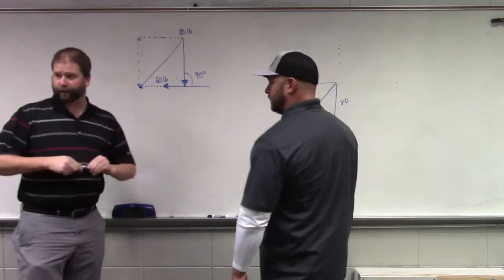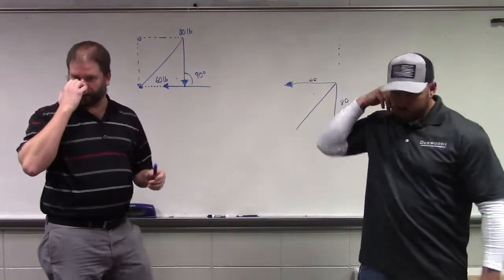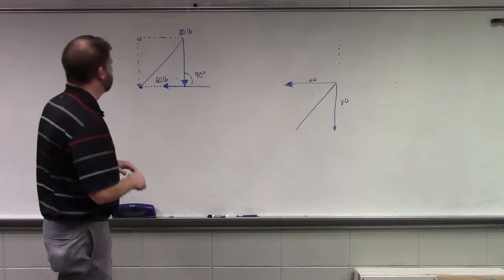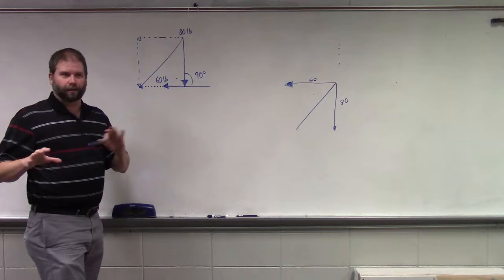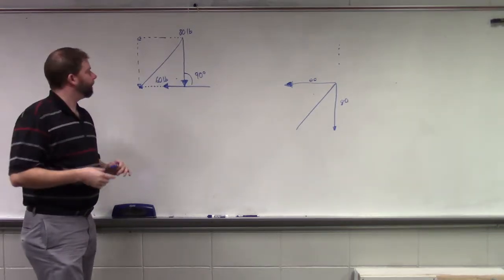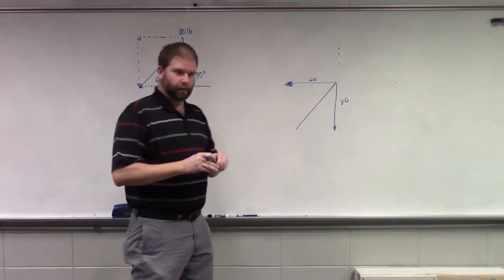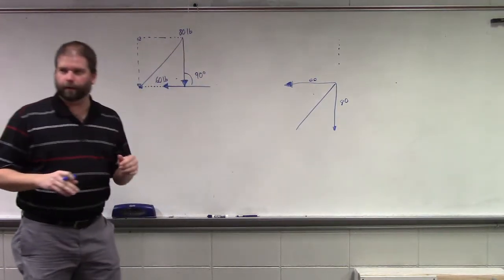Sure, and that's fine, and so the question that Rush brings up is a good one. You're absolutely right here. So that's the same as moving the 60 over. You're going down the same line of action. You can move it wherever you want, up and down for the 80 pounds, side to side.